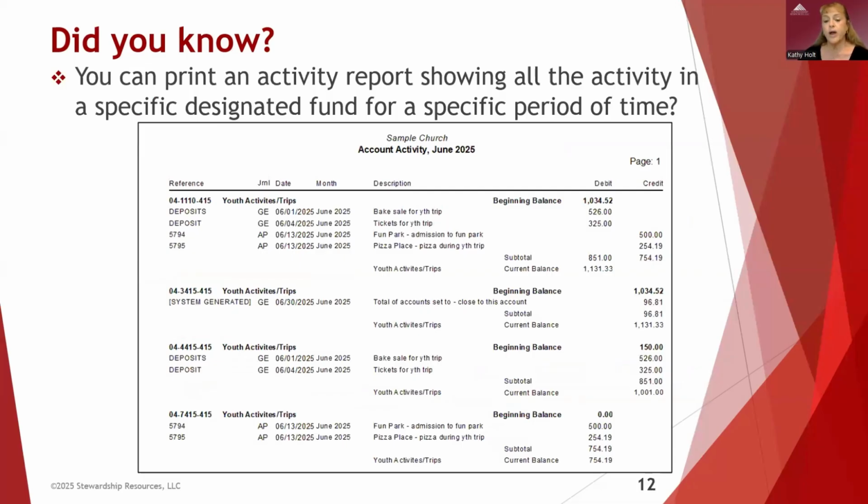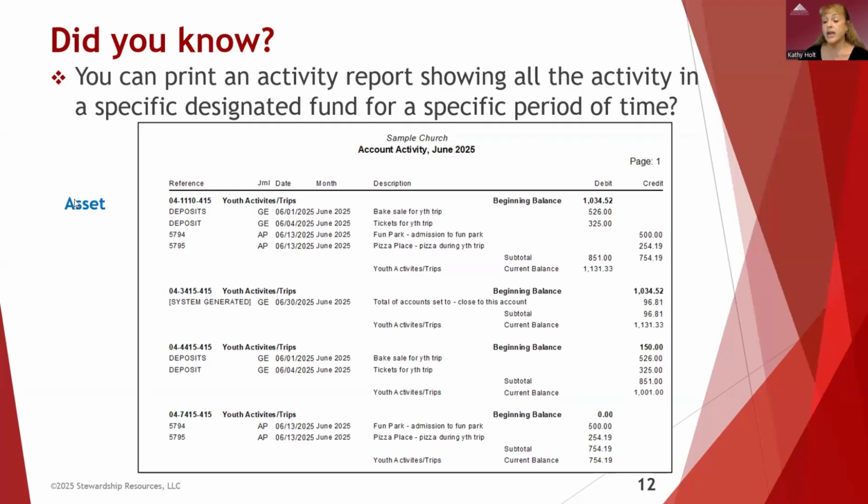Did you know that with the proper setup, you can print an activity report showing all the activity in a specific designated fund for a specific period of time? So this is an activity report that was printed out for sub 415 to sub 415. So in this example, we did sub out the bank account.